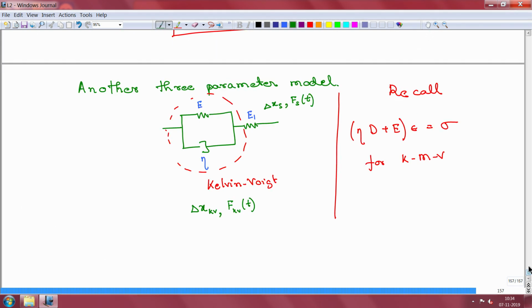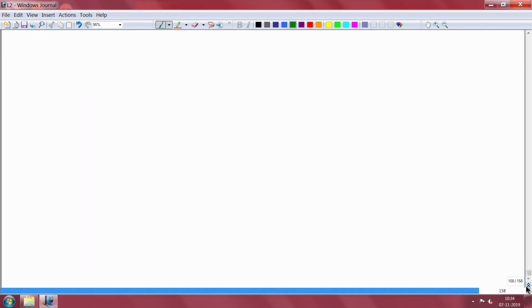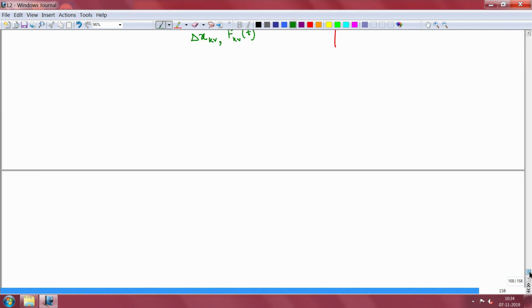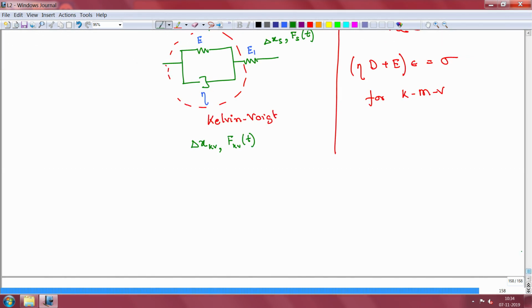I am going to treat this entire thing here as one system. Now I am just going to write the force balance. Remember these are all massless quantities, the springs and the dashpots are all massless.